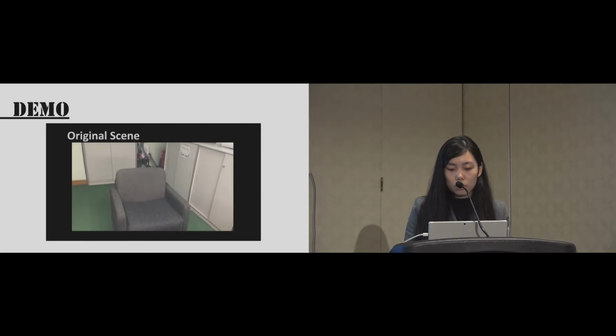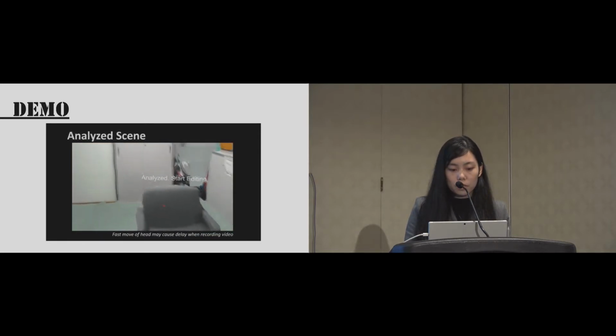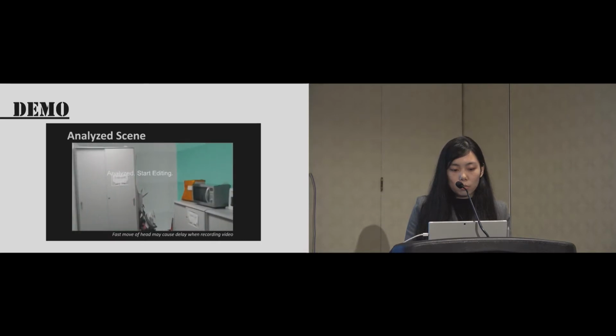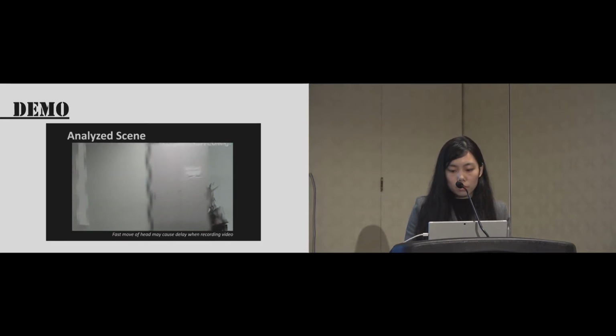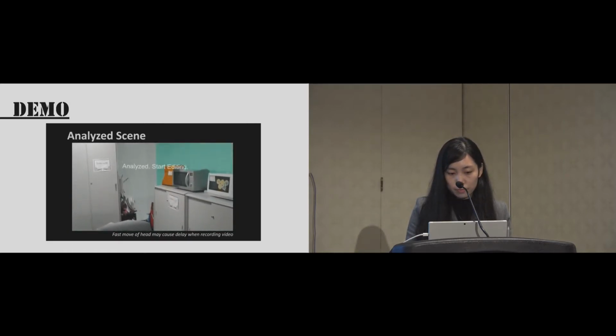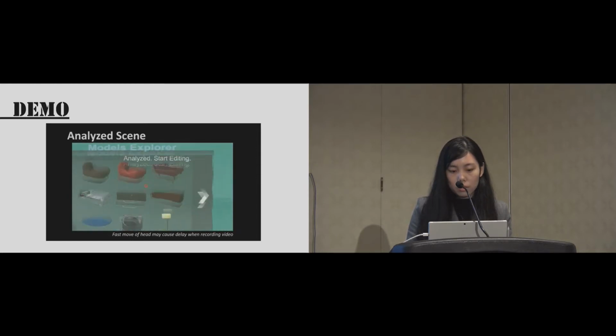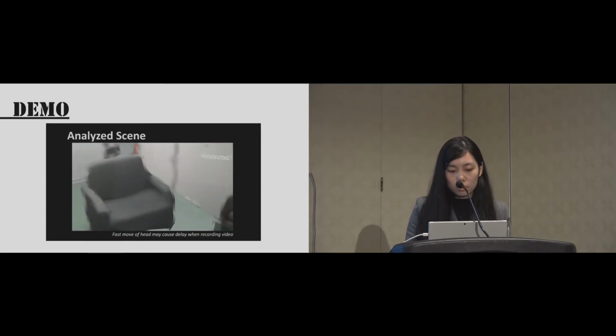And this is the original room. And after scanning and taking pictures of the walls, sofa, and floor, we could get the reconstructed mesh. And this is the menu for the virtual models.